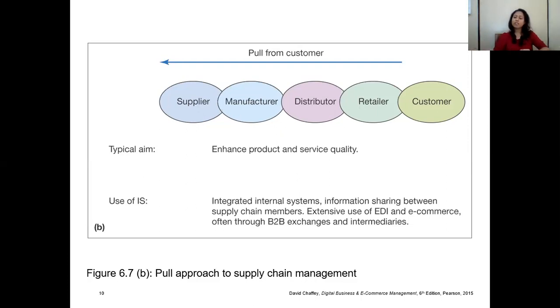So in order to facilitate this kind of pull-based system, what should be in place? The organization should have a very good communication system and internally integrated systems, as well as a very good information exchange between other business partners who are connected with the organization.